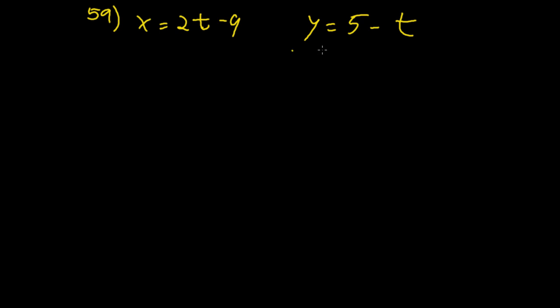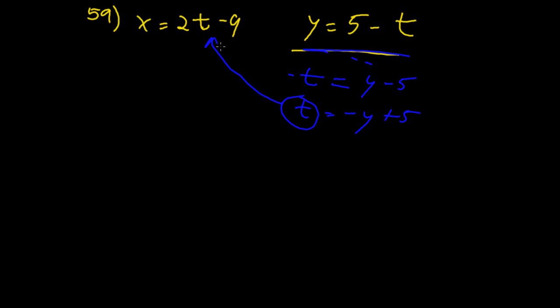So if we solve this equation right here in terms of t, we'll have, well, negative t is equal to y minus 5, and then t is equal to negative y plus 5. And then we can plug in this t right into here, so we'll have x is equal to 2 times this t, but this t is just equal to negative y plus 5, so we're just substituting that in.